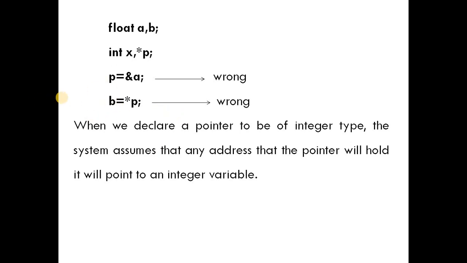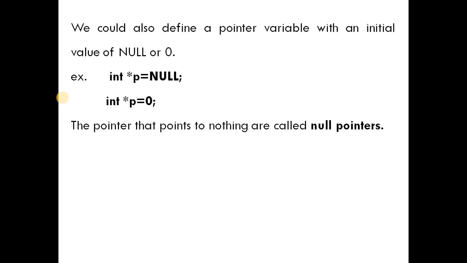Okay, we could also define a pointer variable with an initial value of NULL or 0. In this example I have taken a pointer variable p of type integer and I have initialized it to NULL.